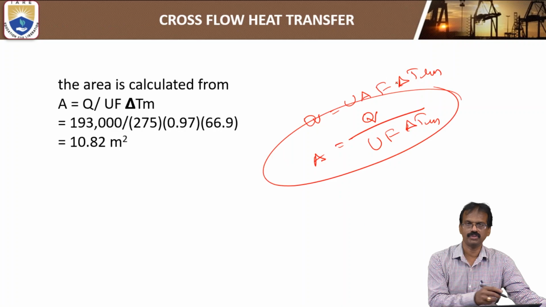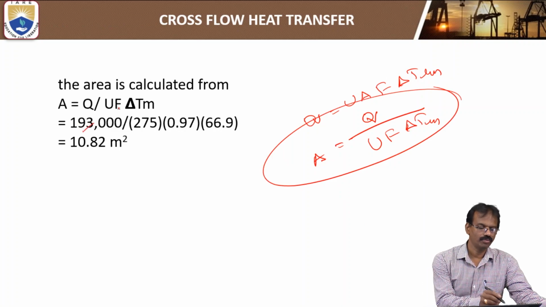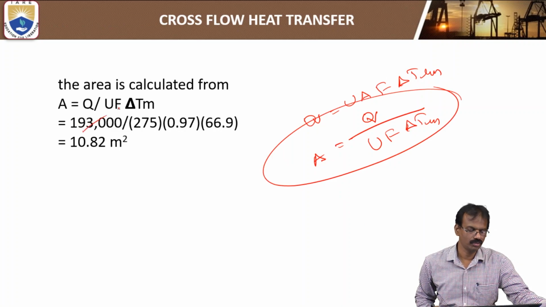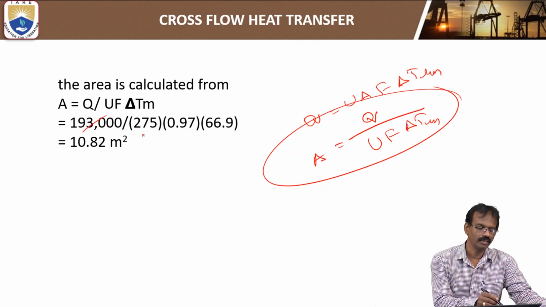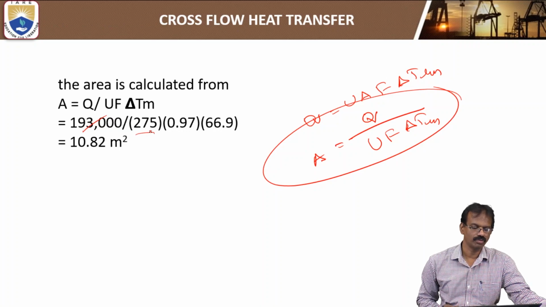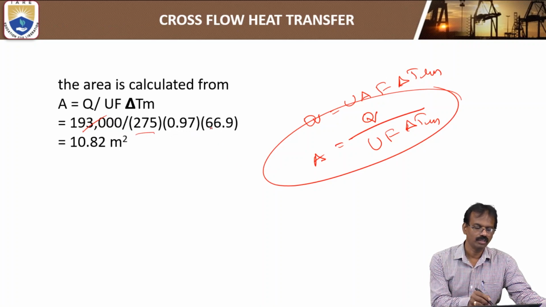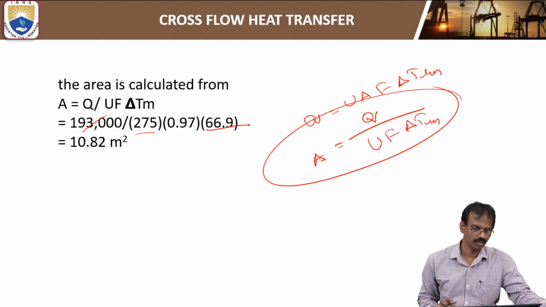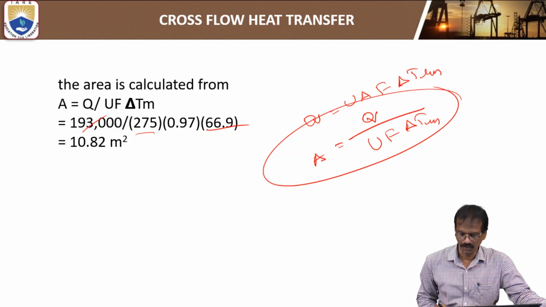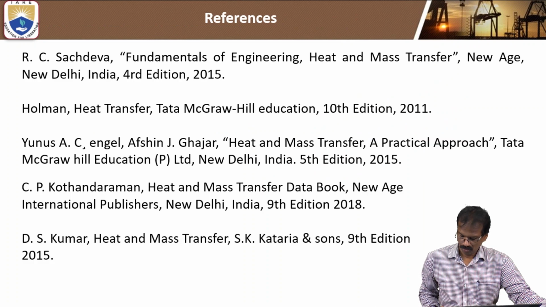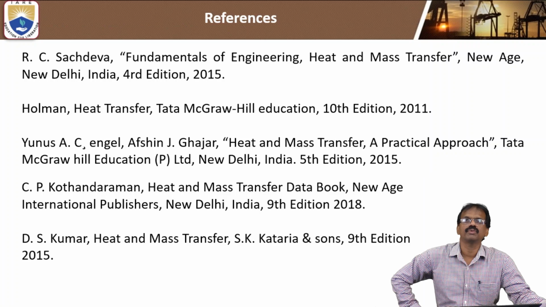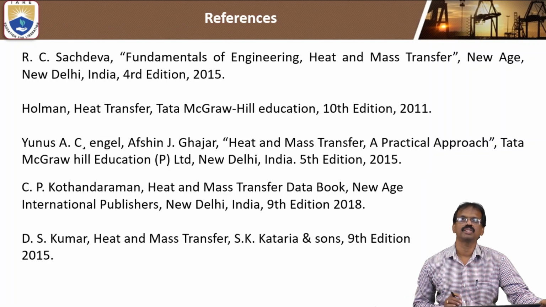Okay, if you substitute all the values, Q value is equal to 193,000 watts, divided by the overall heat transfer coefficient, F value and temperature difference. Then the area is equal to 10.82. So this is the numerical. These are the textbooks for reference I have given. You can refer to more of them for solving more numericals based upon the cross flow.